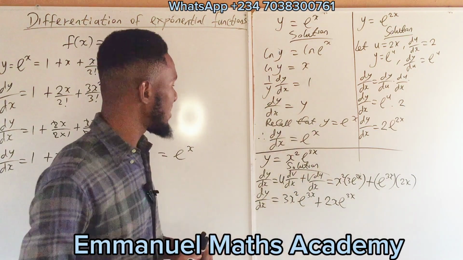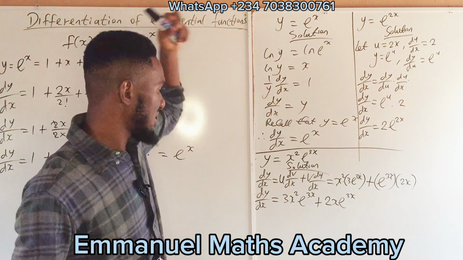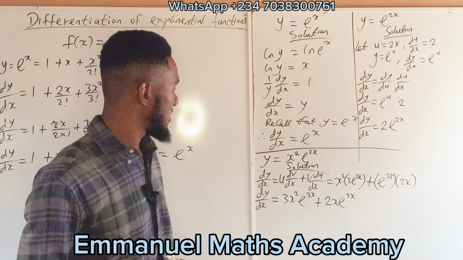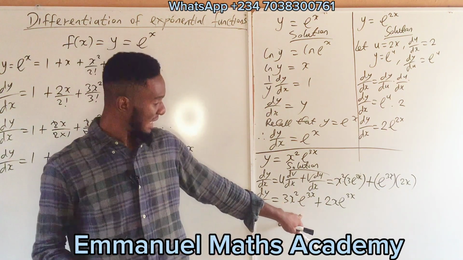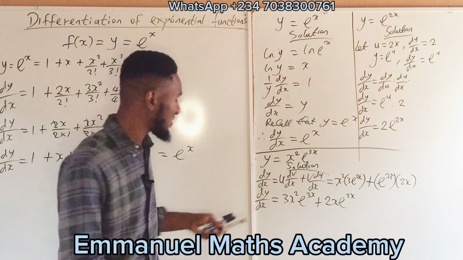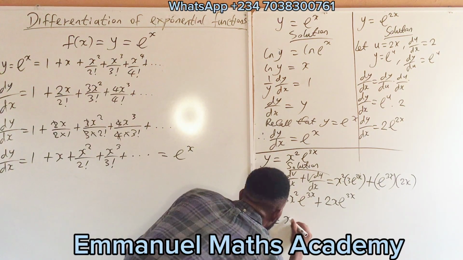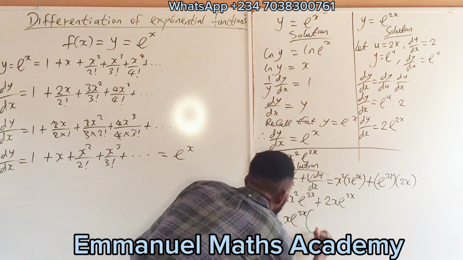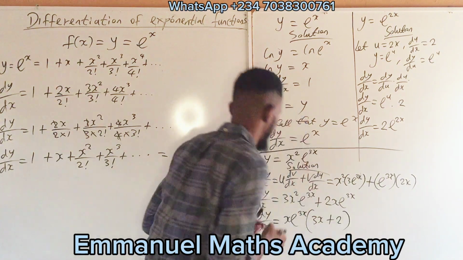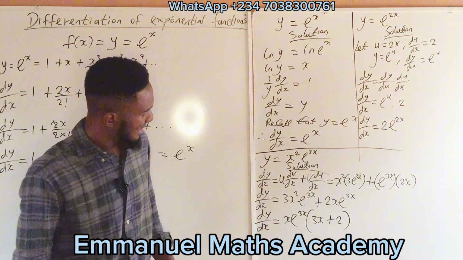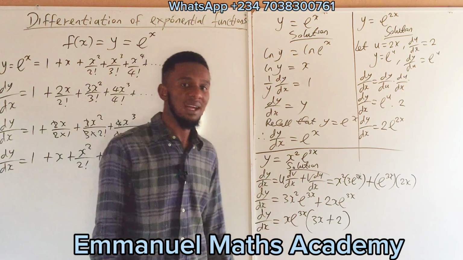Right? You can actually factorize something out. You can factorize x exponential 3x out. You can leave it this way, or you can decide to factorize, which will give you dy dx equal to x exponential 3x bracket 3x plus 2. As simple as that. You can decide to leave your answer this way, or you factorize to get this. As simple as that.